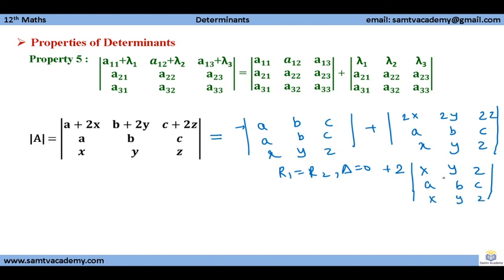So here we can see that r1 is equal to r3, so for this also determinant is going to be 0. So finally the value of the determinant is 0 only, because by expanding we have applied property 4 and seen that the value of determinant is 0 by property 4.